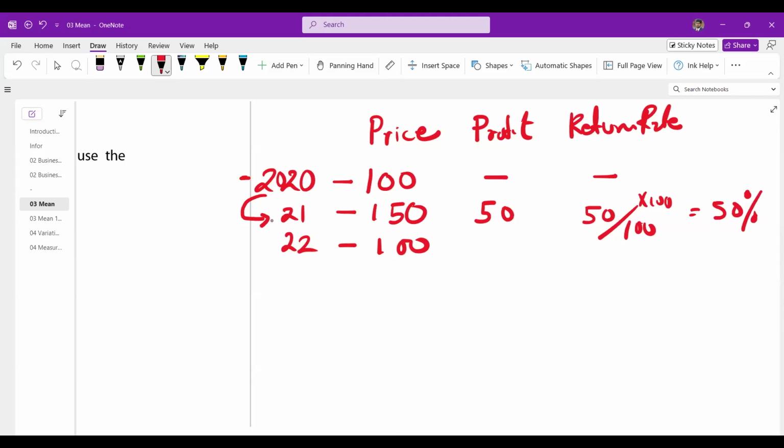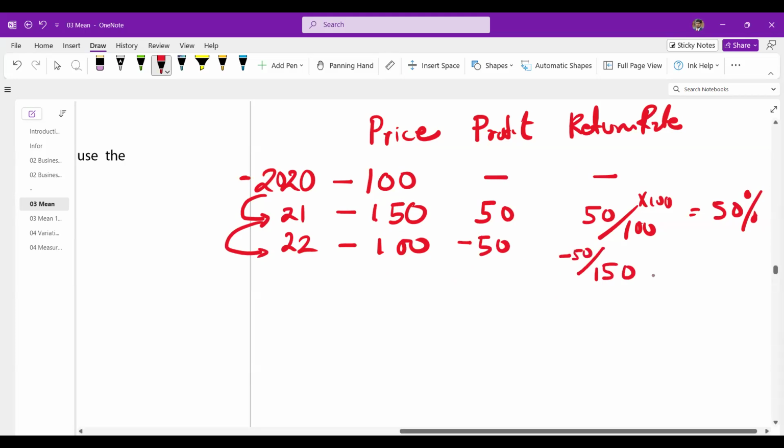The next year, we purchase at 150 and sell at 100. This time there is a loss of 50. What is the percentage of loss? We purchased at 150, and the loss is minus 50.